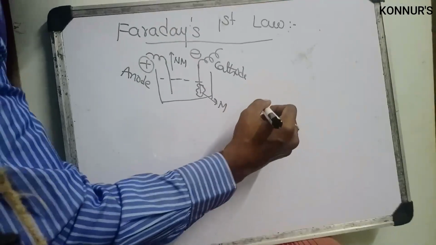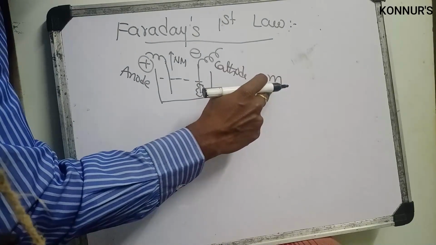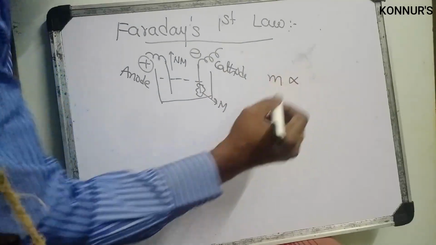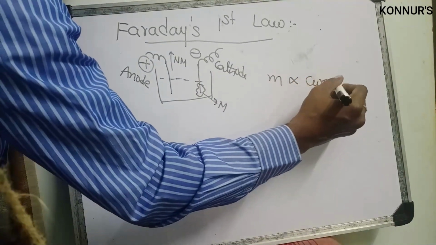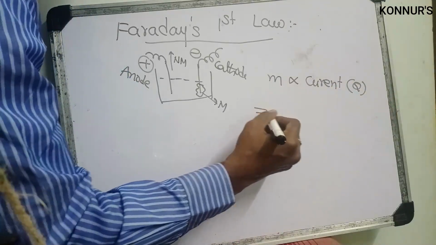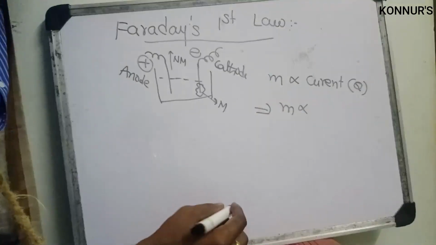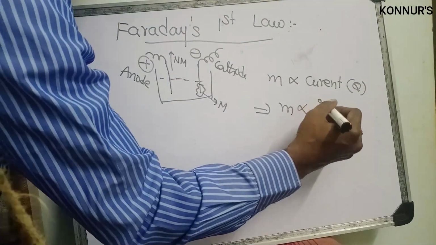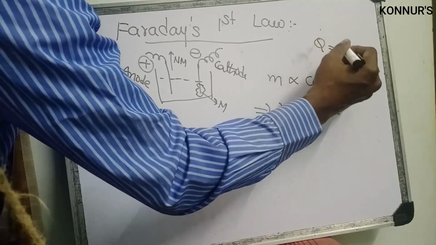Mathematically, the deposited or liberated mass is directly proportional to the current in coulombs, that is Q. So M is directly proportional to coulomb. Coulomb you can take as I into T. So Q equal to I into T.